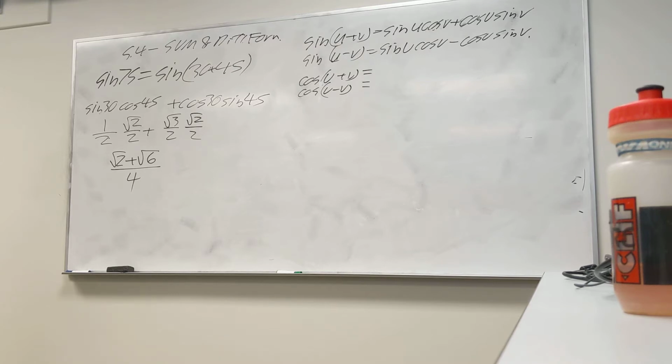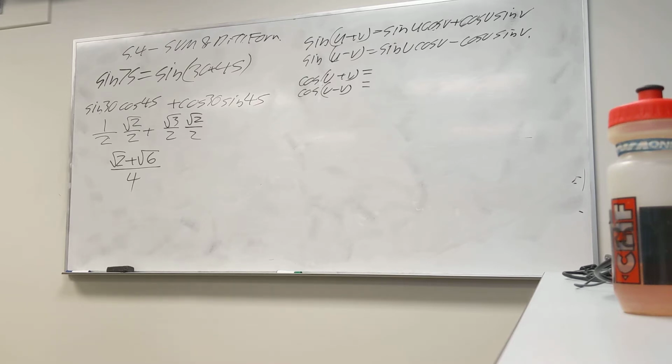You're going to get a lot of radical 3s and radical 2s and 1s, right? Okay, any questions on that? So you can check in your calculator. Square root of 2 plus square root of 6 over 4. I think it's 0.96, right? And so then we just have to compare that to sine of 75, and if it's the same, then it's right. Yep. Okay. Yeah, you did it right.